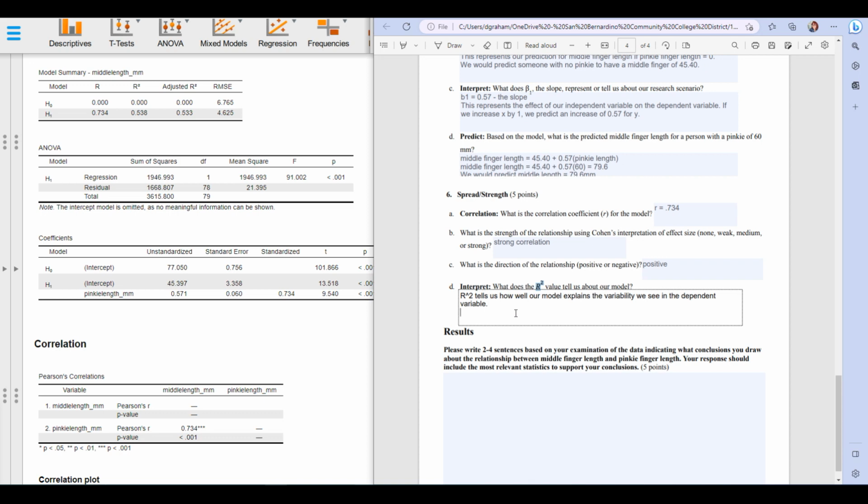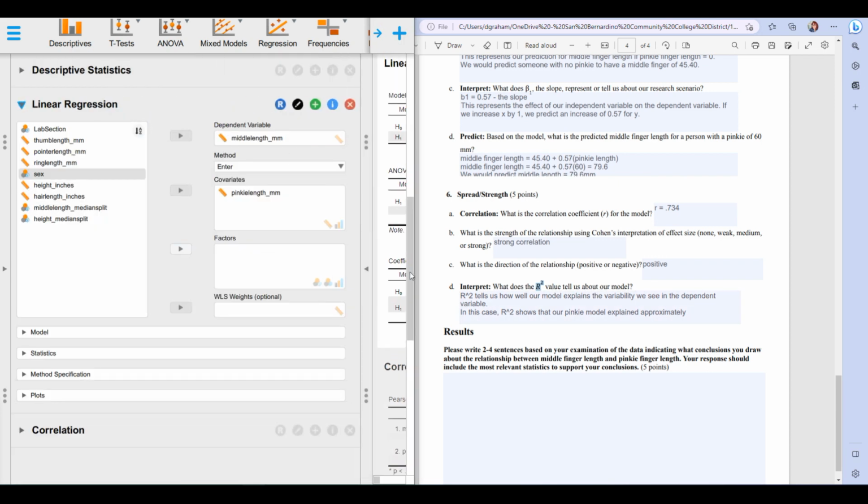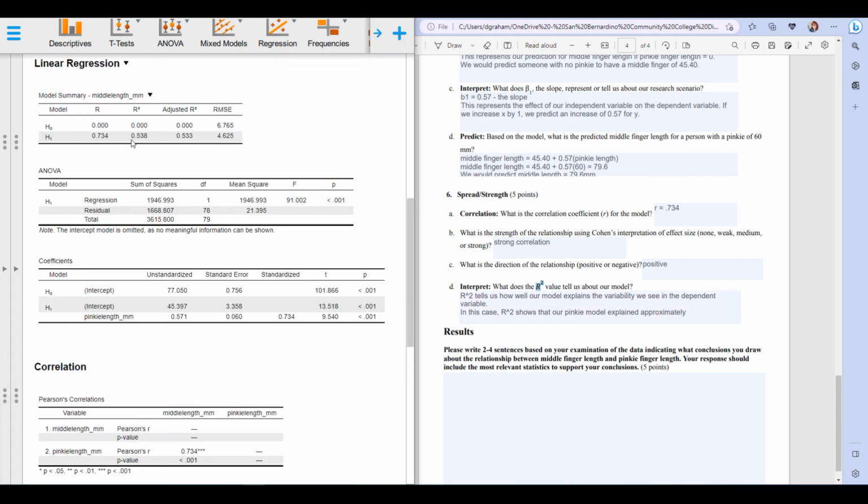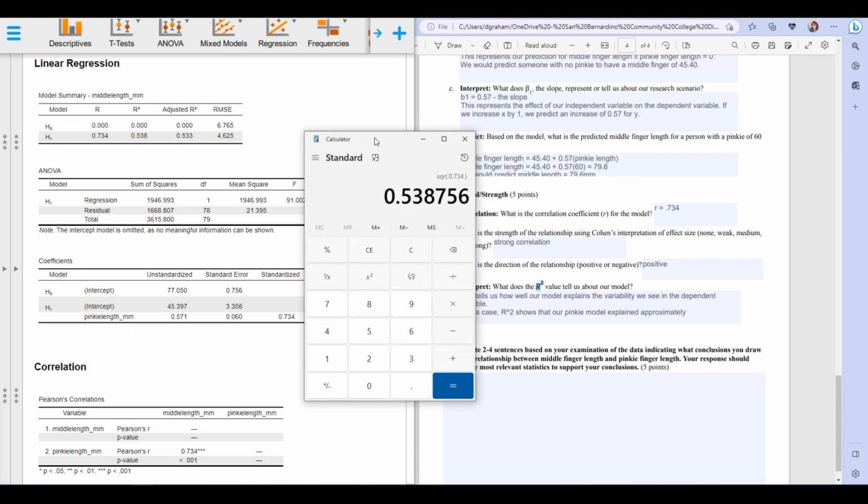So in this case, R squared shows that our pinky model explained approximately, I'm going to think of this as a percent here, 0.538. And if you struggle in how you get a percent by that, it's always times 100%.